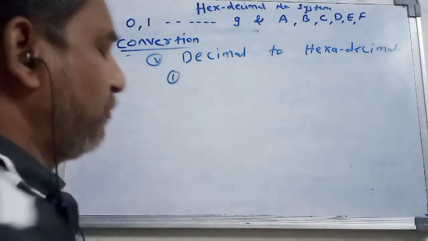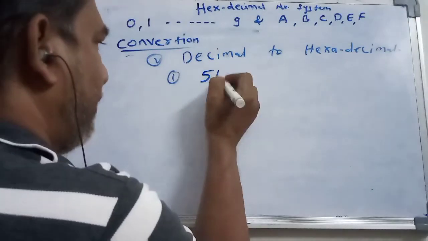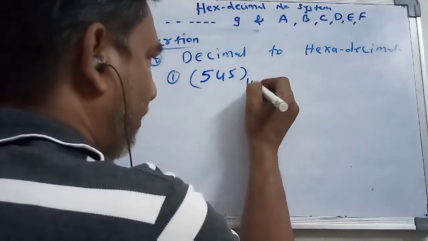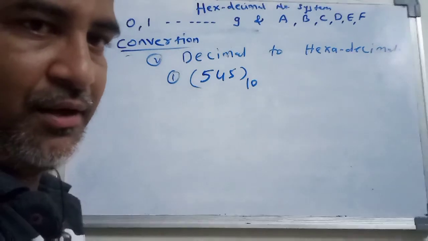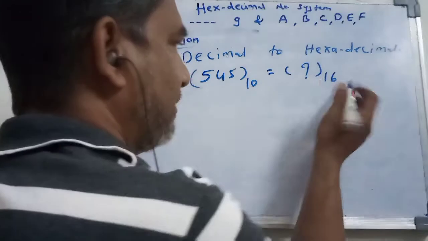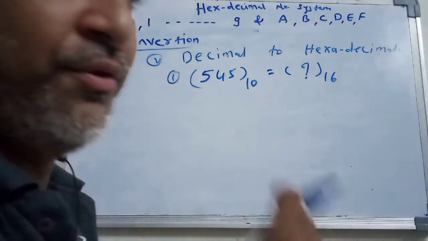Okay, the first example we'll take is 545. Suppose this is the number, and according to the base it is a decimal number, and you have to convert that number into hexadecimal. What you have to do?